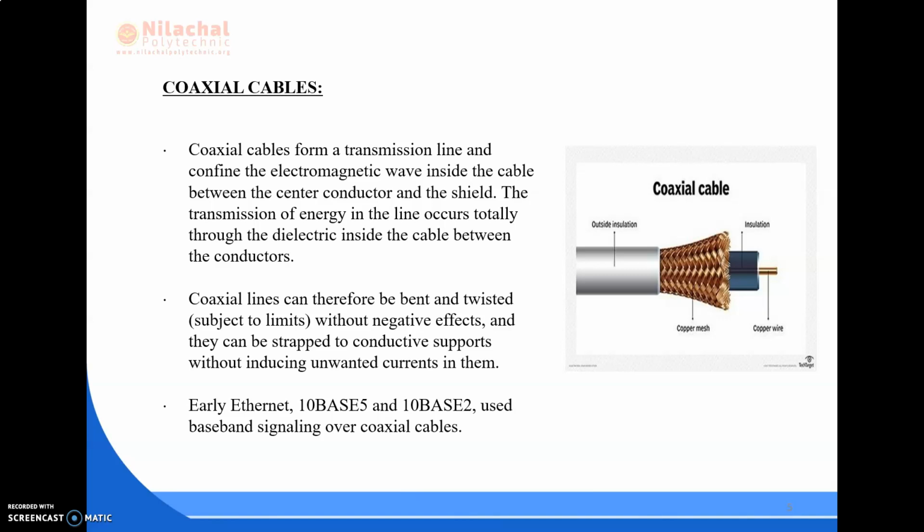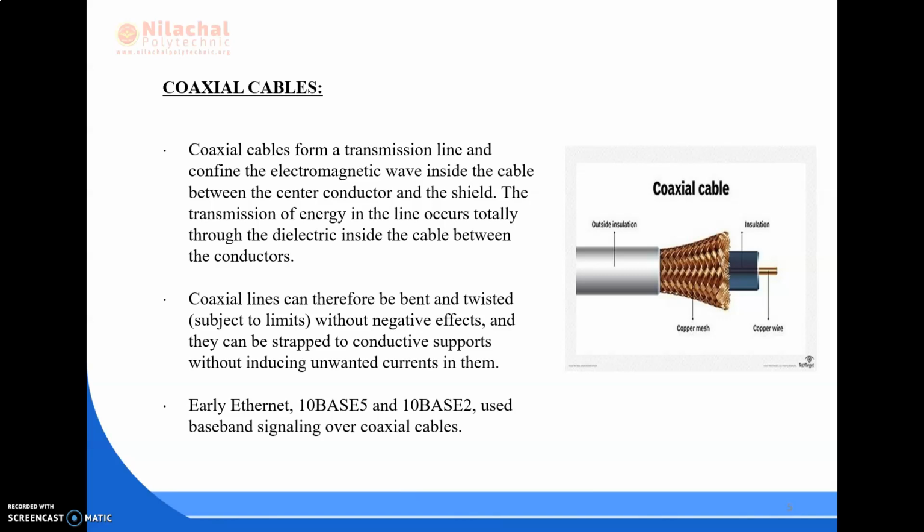The coaxial lines can therefore be bent or twisted according to our use without negative effects, and they can be strapped to conductive supports without inducing unwanted currents in them.